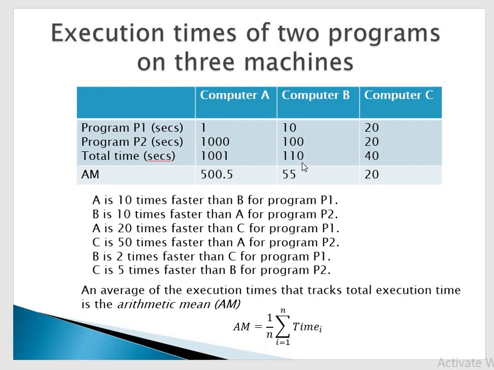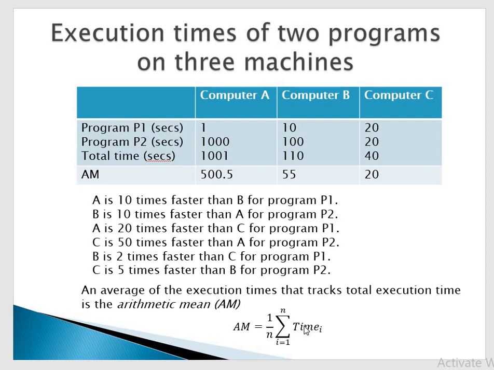To calculate it, this equation can be used: the arithmetic mean is the sum of the time taken by all the programs divided by the number of programs.